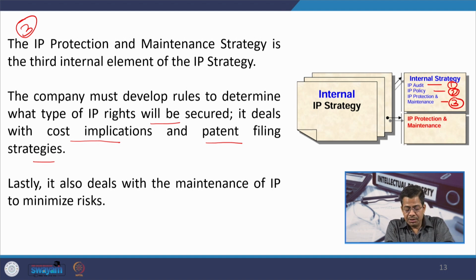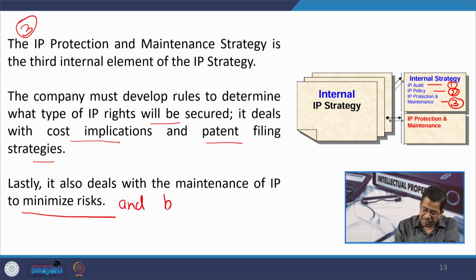And then you also need to see how you are going to maintain those IPs. There are a lot of issues we have already discussed: cost related issues, strategic issues, administrative issues when you are maintaining your IP. The idea in this case is to minimize the risk and become cost effective.